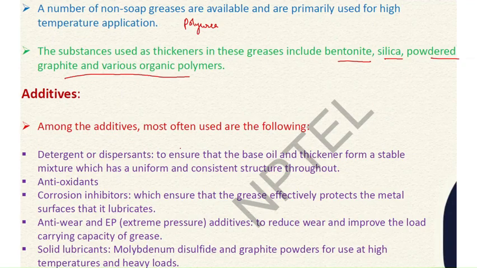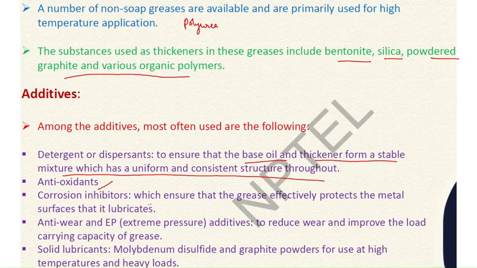Among the additives, some important ones are detergents or dispersants to ensure the base oil and the thickener form a stable mixture which has a uniform and consistent structure throughout, for proper dispersion of thickener in the oil. Then antioxidants to prevent oxidation of the grease.